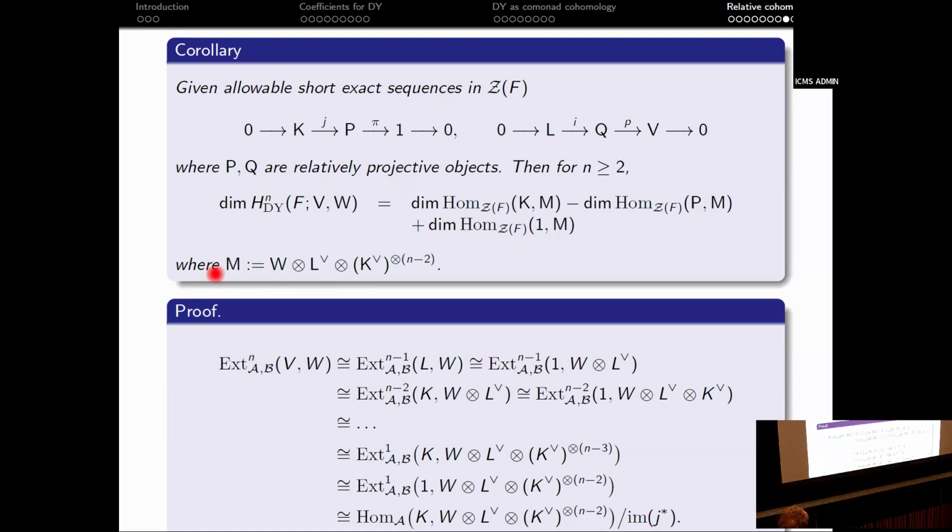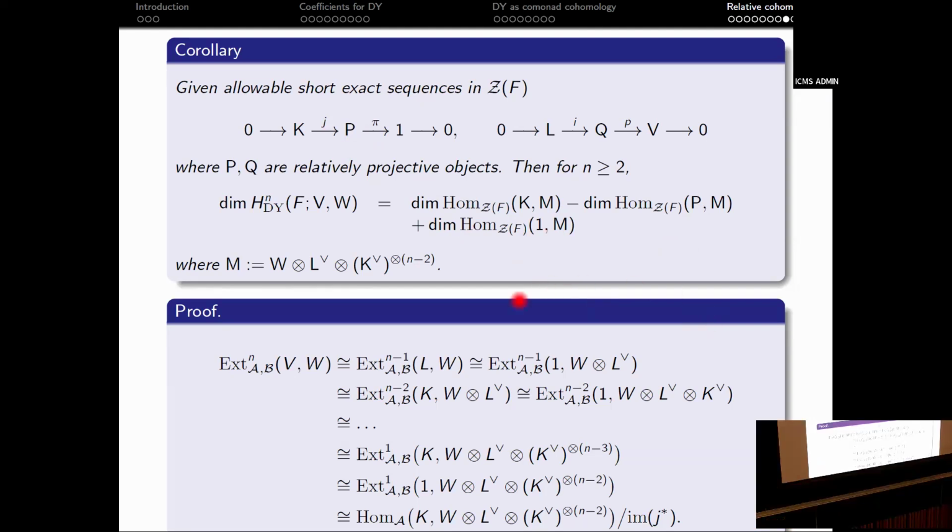And M is an object which, since we have to compute tensor products, is cumbersome to compute in high degrees, but it's in principle a representation theoretic computation. And then P enters, that's again the kernel here, and again some Hom.